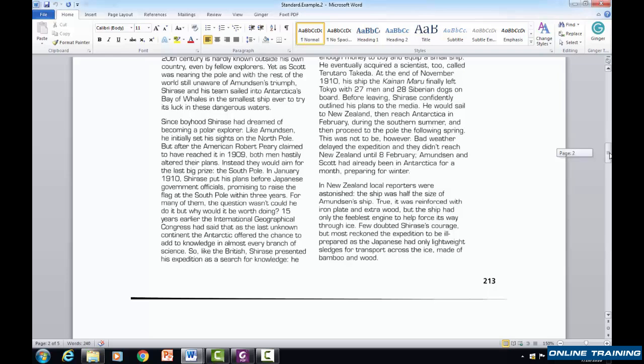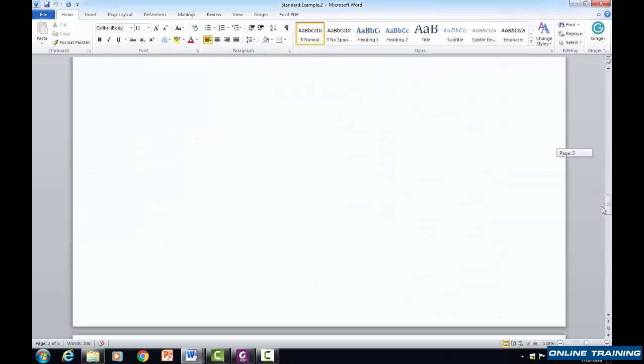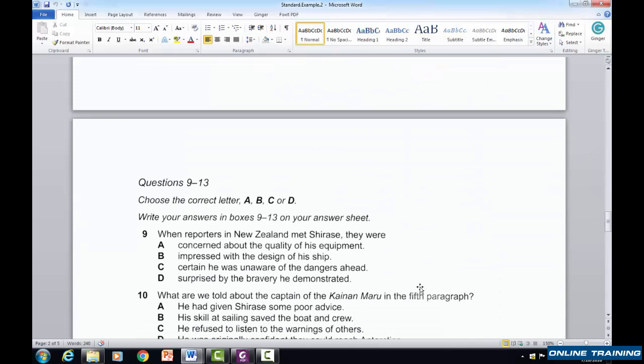All right, so let's look at what our answer choices are. A, concerned about the quality of its equipment. B, impressed with the design of the ship. We know it's not B, because they said it was half the size and had a weak engine. C, certain he was unaware of the dangers. Hey, we can't make that choice. D, surprised by his bravery.